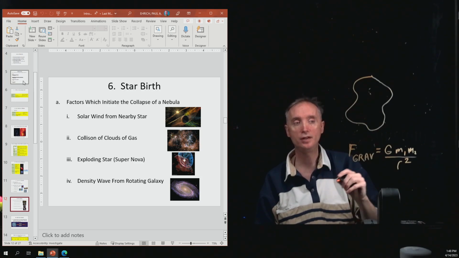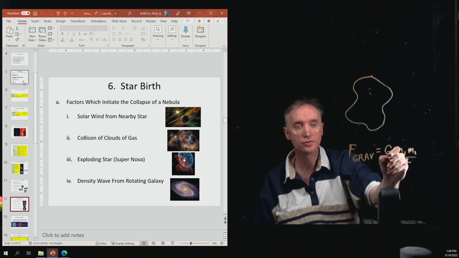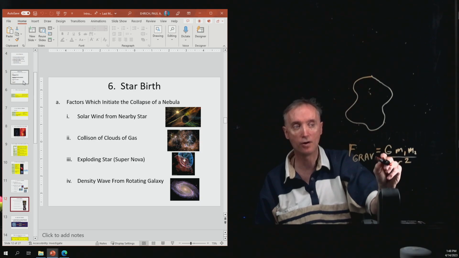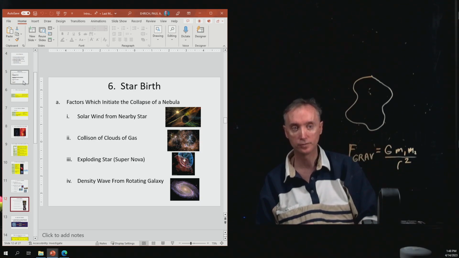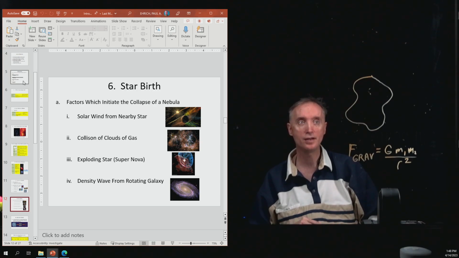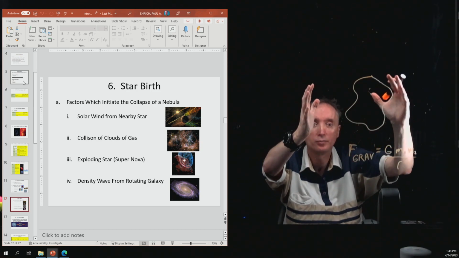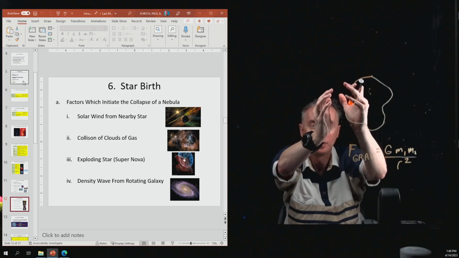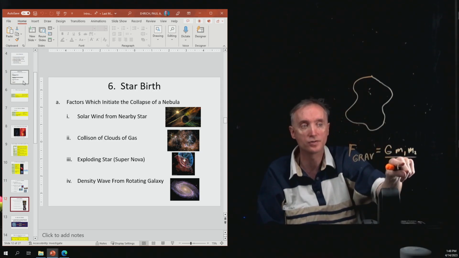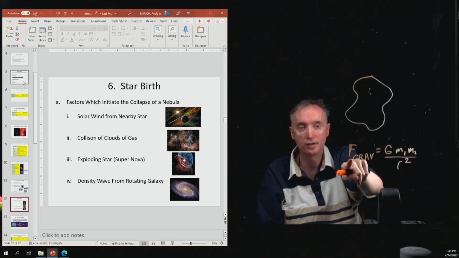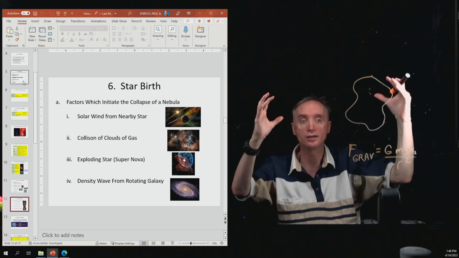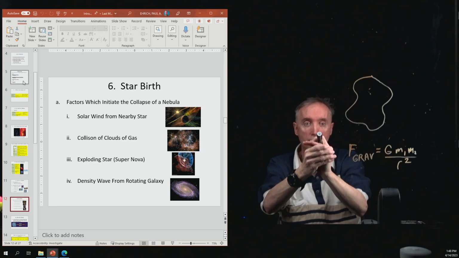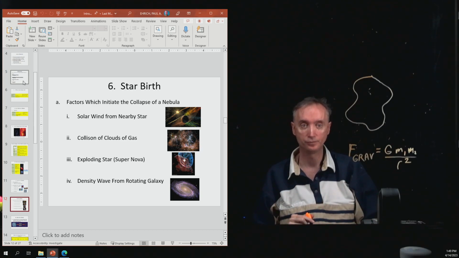Notice if we could make r smaller, and r is in the denominator, then F would get bigger. So if we can compress this cloud a little bit more, then r is going to get smaller, gravity is going to get bigger, and then gravity can take over and continue to pull it in and turn it into a star.